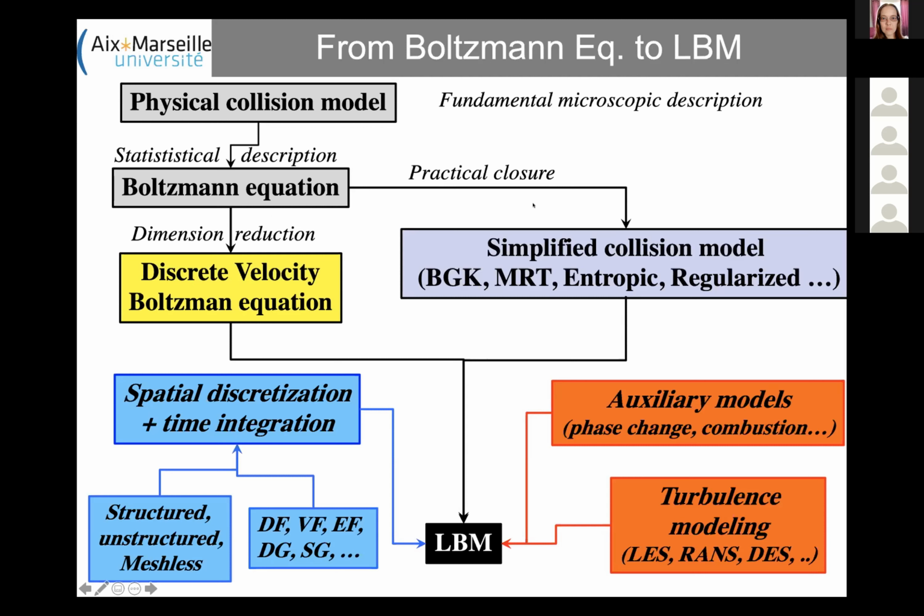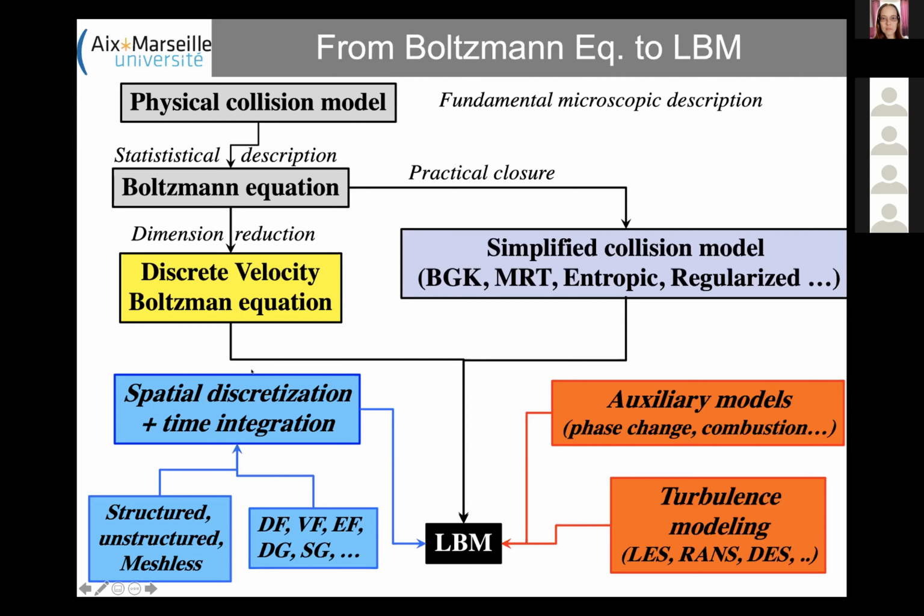And at the same time, you have to work on the definition of a collision model that will be physical in the sense that results will correspond to fluid dynamics, but it has to be computationally efficient, meaning that it has to be robust, accurate, and that the CPU time associated to this collision model has to be, let's say, affordable.